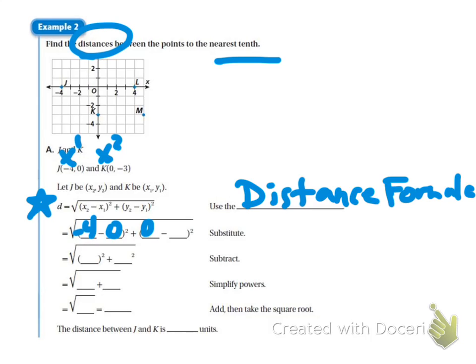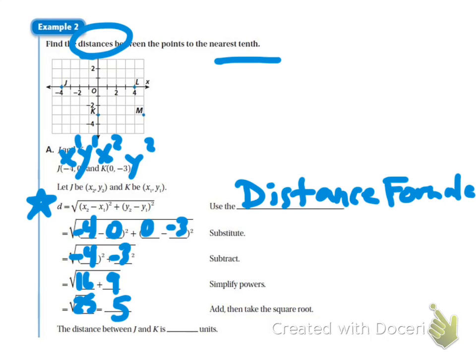So our first point, they told us, is J, so that would be -4 minus 0, because this is my x1, this is my x2. Next I take my y2, which is 0, and then I take my y1, which is -3. So I have -4 minus 0 is -4. 0 minus 3 is -3. So -4 times -4 is 16. -3 times -3 is 9. 16 plus 9 is 25, and the square root of 25 is 5.